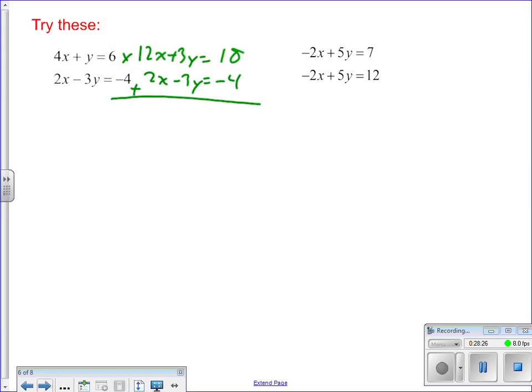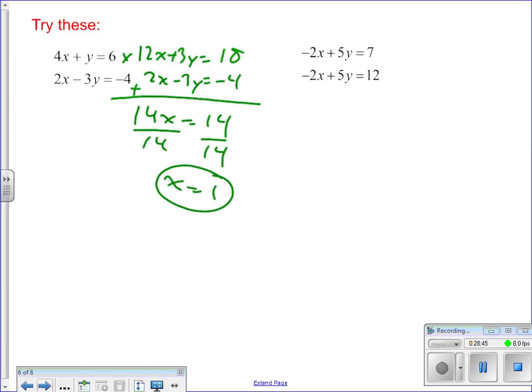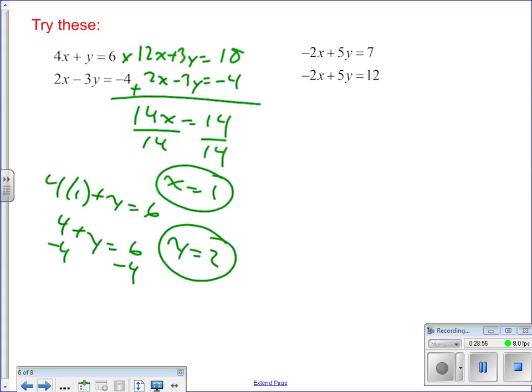Add those two together. 14x, sorry, my bad, 14x equals 14. Divide by 14. X equals 1. Plug in 1 for x, put it in the top one. 4 times 1 plus y equals 6. 4 plus y equals 6. Subtract 4. And y equals 2.